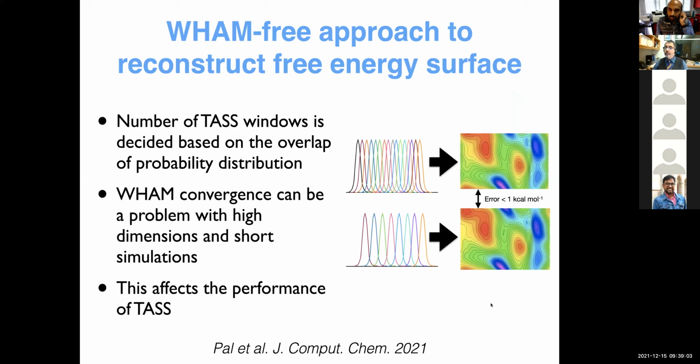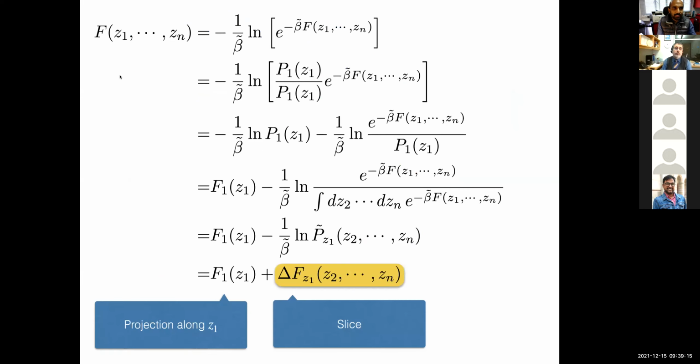We have also come up with ways of avoiding WHAM, because weighted histogram analysis makes sure that the distributions are overlapping, and we have a way to overcome this. This has been recently published. The idea is that a high dimensional free energy surface can be written as the projection of the free energy along one coordinate and a sliced distribution. The details I will skip because they are in the paper.